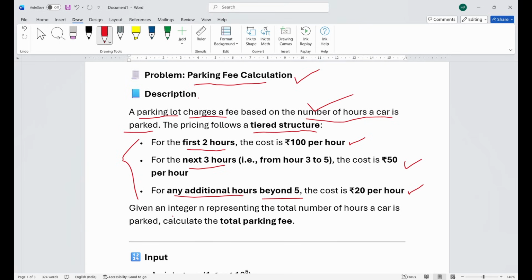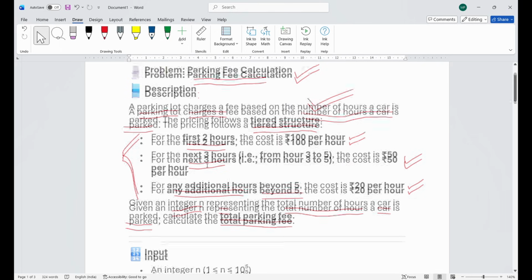The given integer n represents the total number of hours a car is parked. So the input n is the total number of hours the car is parked, and we have to calculate the total parking fee that has to be paid by the car owner.